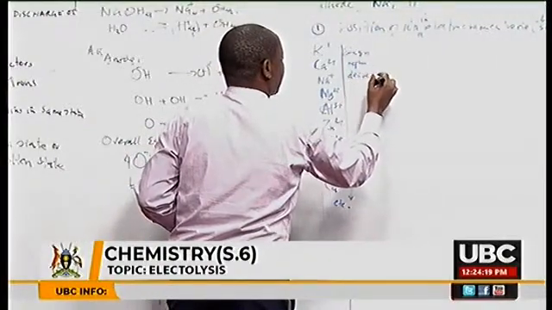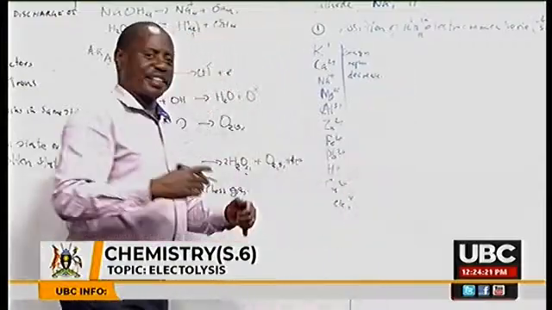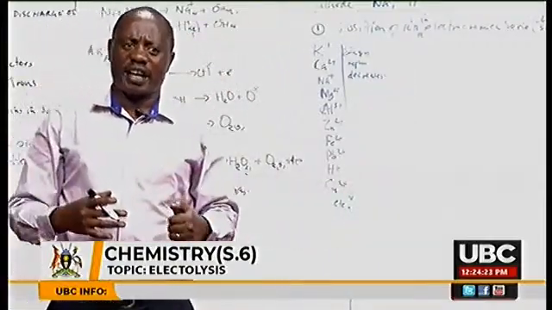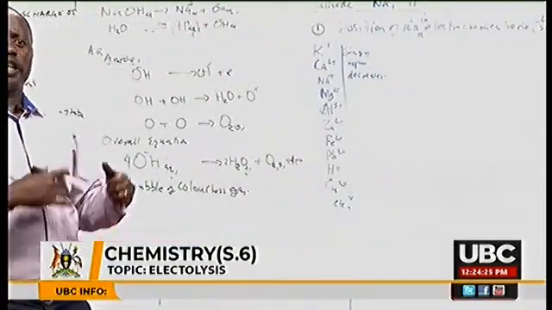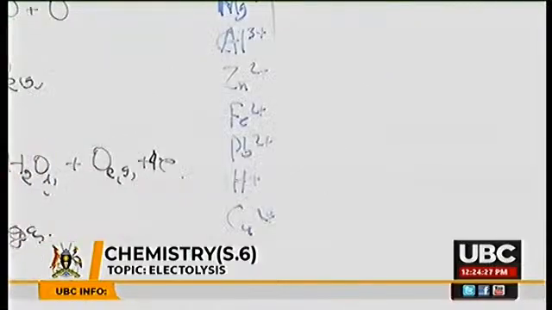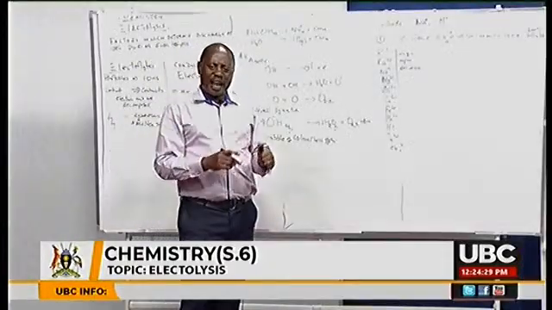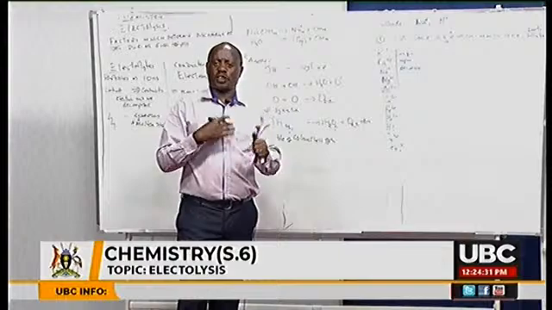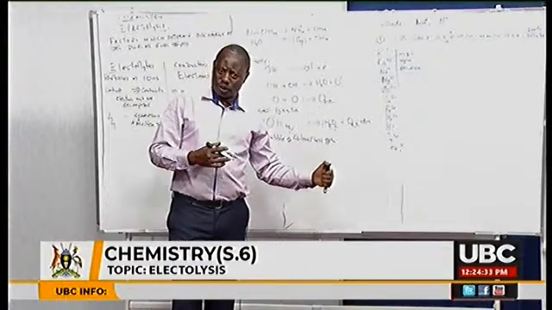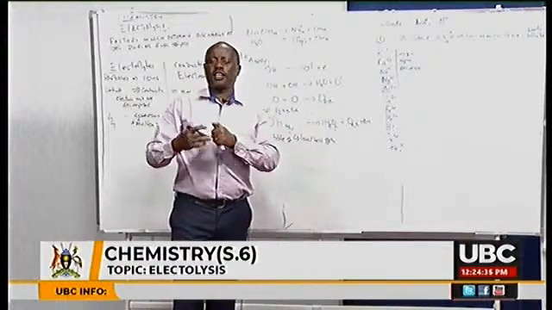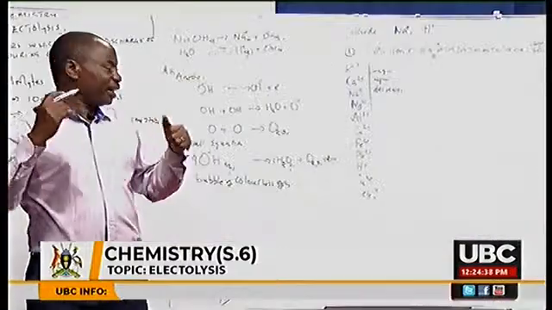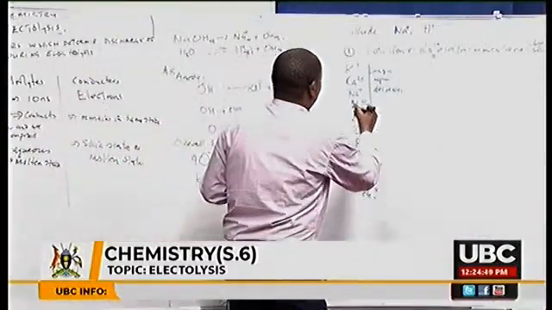The less energy required to discharge the ion, the more preferably it will be discharged. When an ion requires more energy to be discharged, it will not. Instead, the ion which requires less energy will be discharged. And this is for cations.